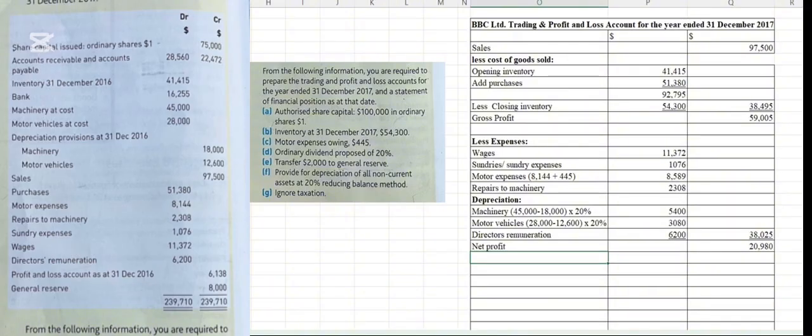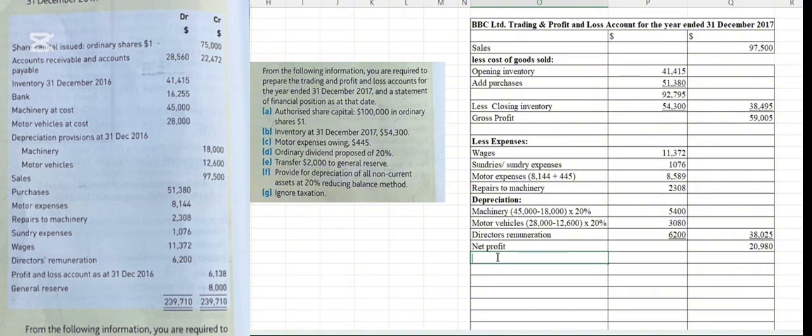How can you come to the conclusion that this is your retained profit? Well, we're creating this profit and loss account for 31st of December 2017, which is 1 year after 2016. Then if this is the profit and loss account figure, this must be the net profit, right? And it's 2016. So this must be the profit that was retained from the year prior.